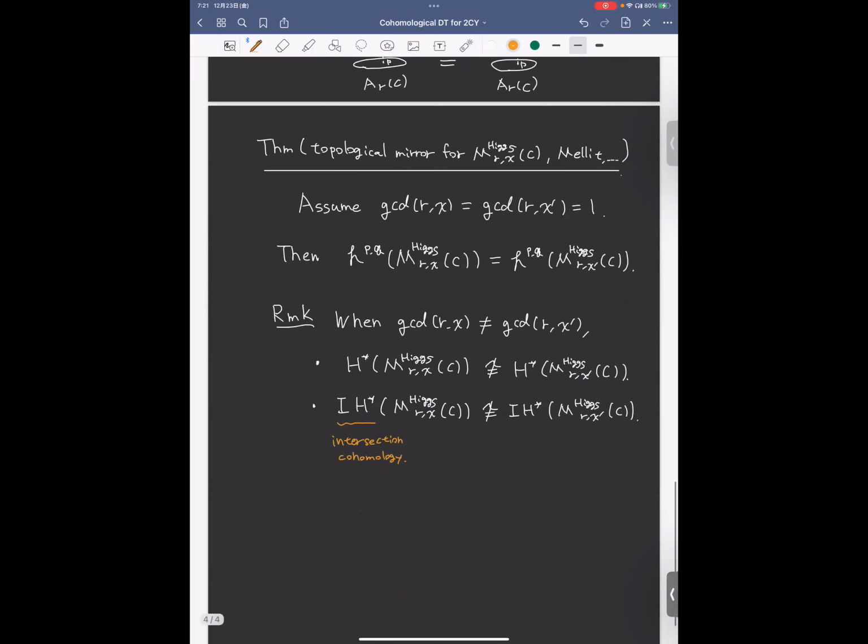So a natural question is, what is the correct cohomology theory for these spaces?